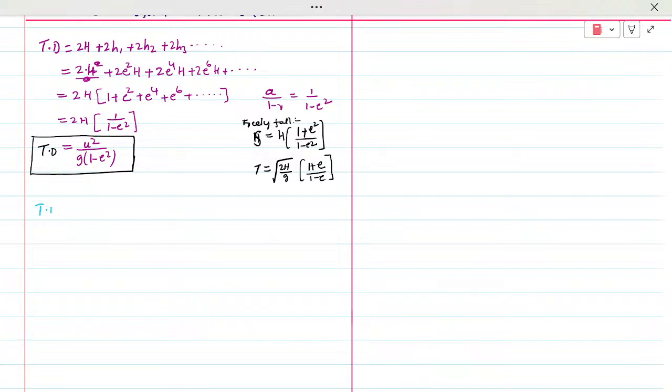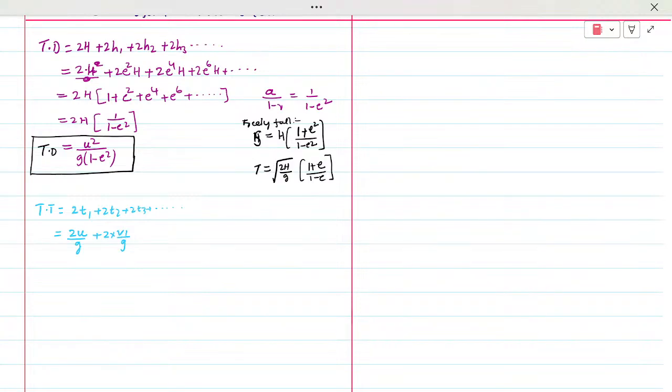Total time t is equal to 2t1, time of ascent u by g, 2t1 plus 2t2 plus 2t3 plus and so on. So t1 equals u by g. So here 2 into initially u by g, plus 2 into t2, which is the maximum height time, equal to v1 by g, meaning v after the first collision.